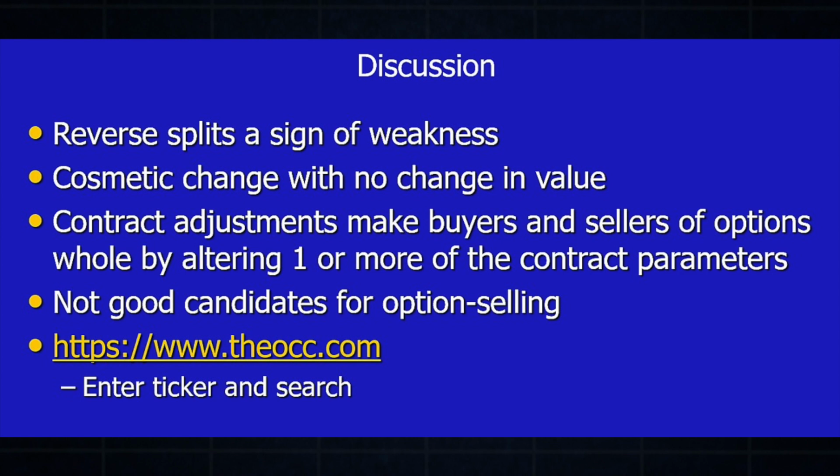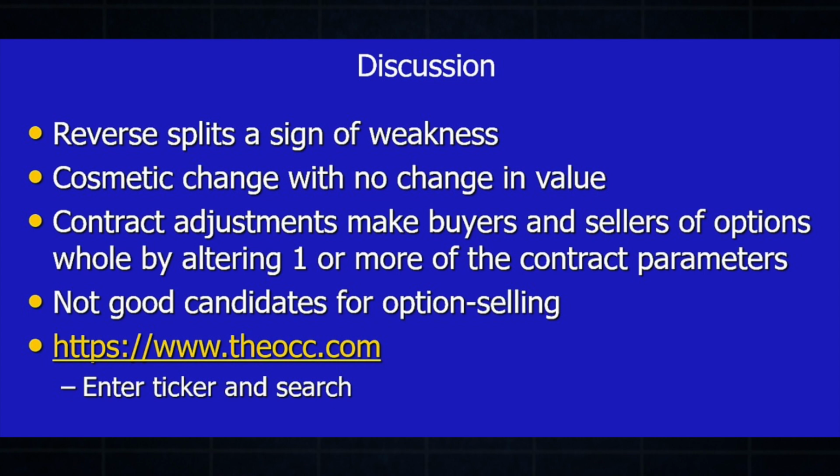And so generally speaking, we want to avoid any company that's about to have a reverse stock split. But not to worry, contract adjustments will make buyers and sellers of options whole. So there's no free lunch, nobody will get a windfall, and nobody will be hit hard. Everybody will be made whole. That's the job of the Options Clearing Corporation.